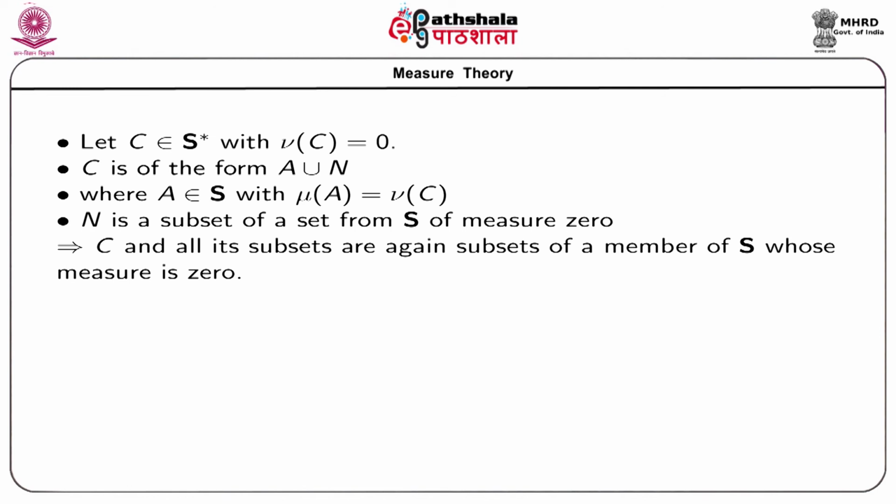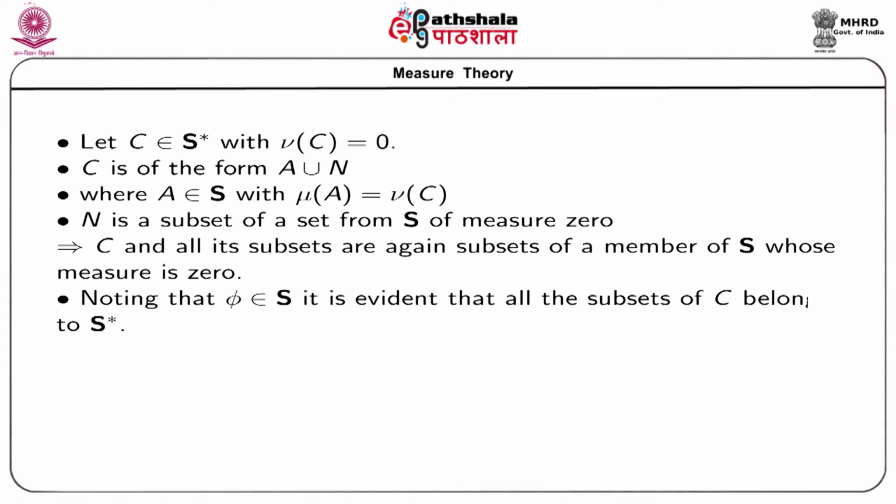So, it readily follows that C and all its subsets are again subsets of a member of S whose measure is 0. And noting that phi belongs to S, it is evident that all the subsets of C belong to S star. So, this proves that nu is a complete measure on S star.